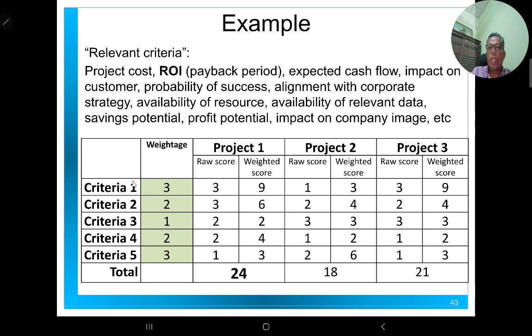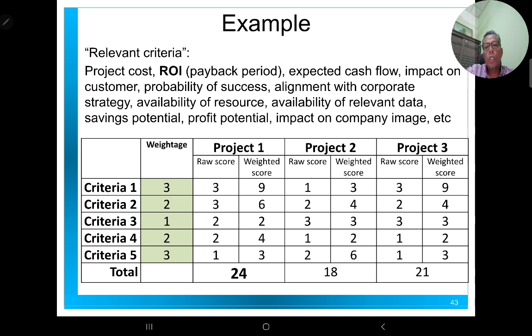Each criterion is given a weightage of 1, 2, or 3. 3 means the highest priority, a very important criterion for the implementation of the project. 1 means important, but less important. So you give a weightage to each criterion.